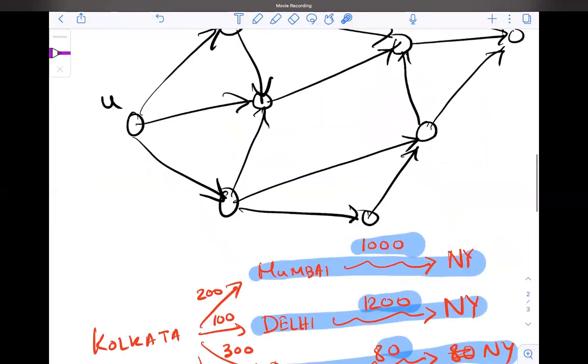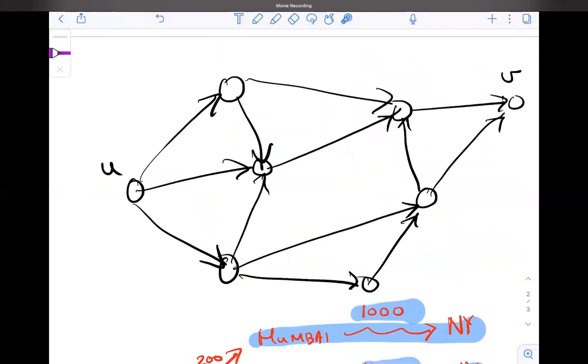Okay. So from here, if I have to go from U to V, I can ask, okay, now see, here you are, you go and find out the shortest path from all the blue vertices to V. And now, how will they do it?